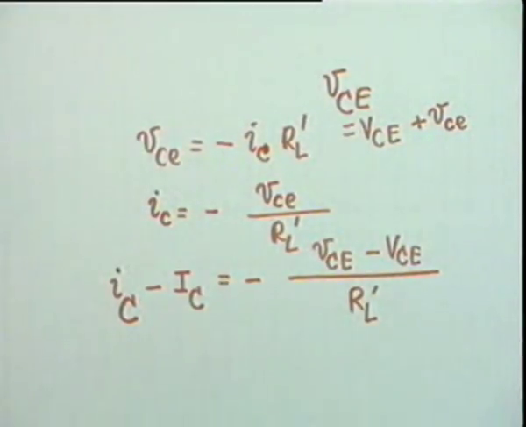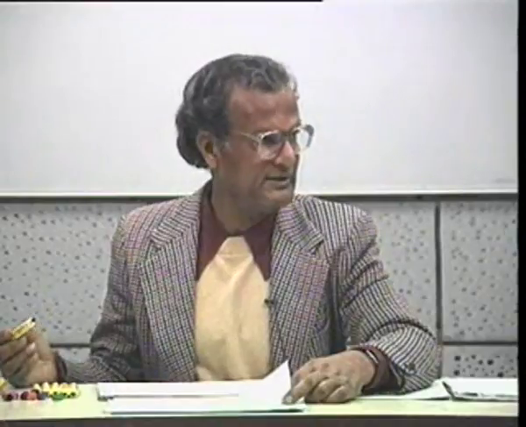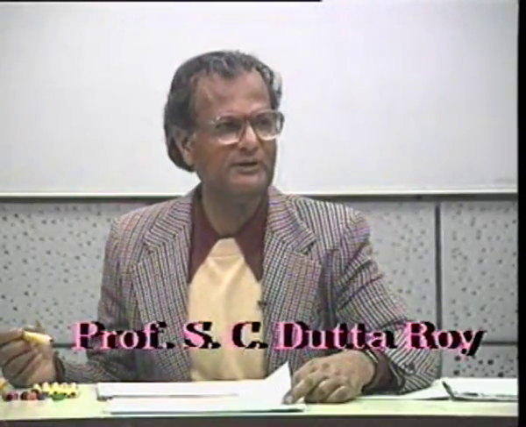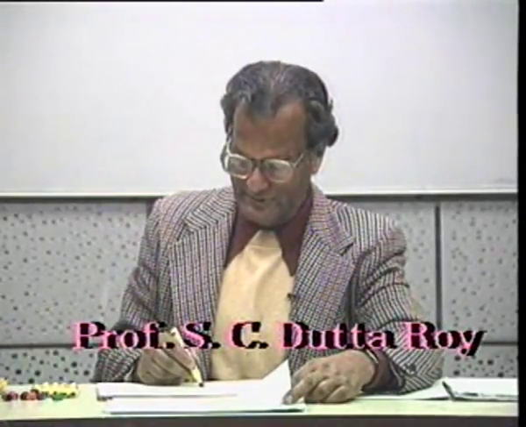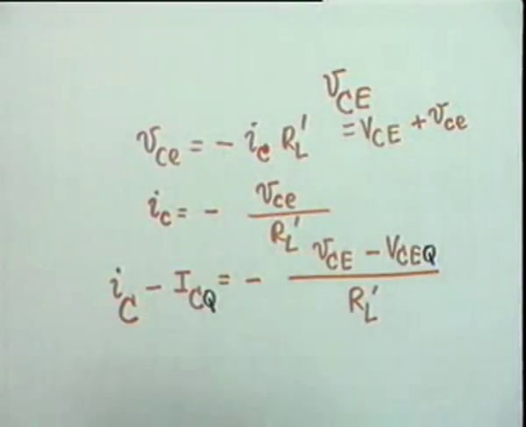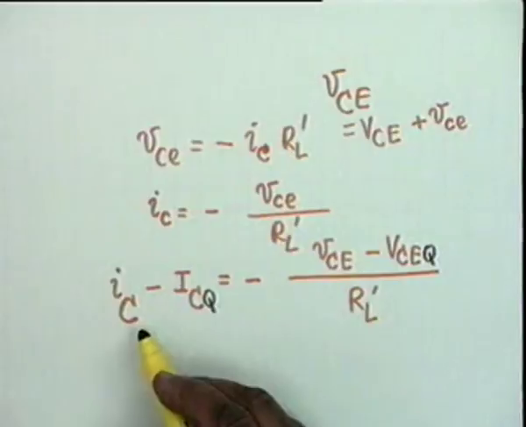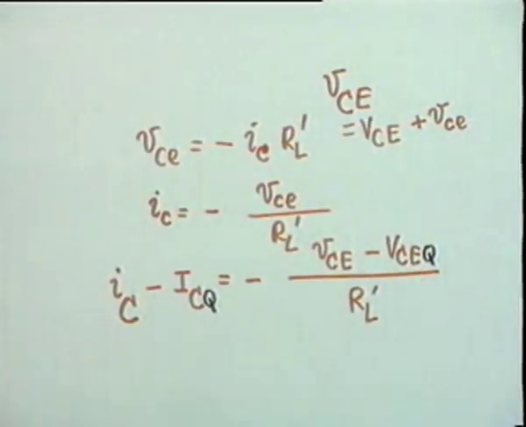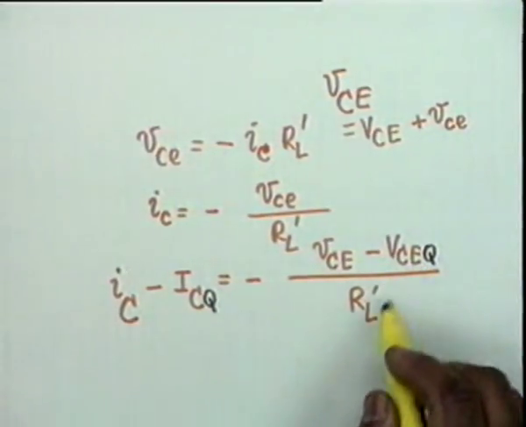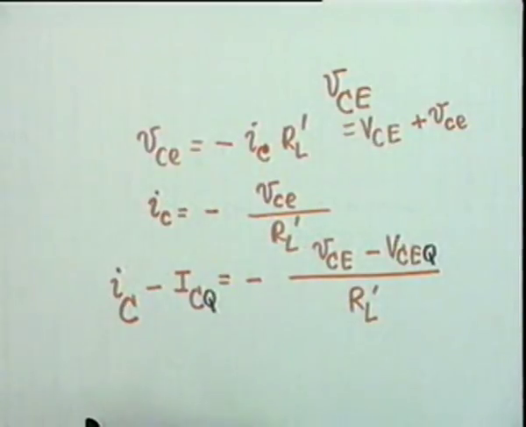And in order to emphasize that this is an increment over the Q point, or the operating point, which is also called the Q point, I will introduce the additional symbol Q here. That is IC minus ICQ equal to minus (VCE minus VCEQ) divided by RL prime.